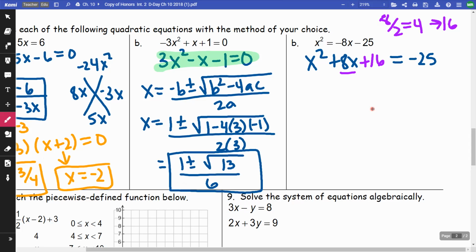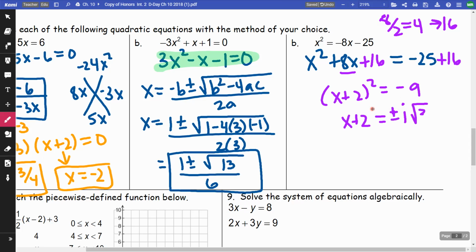So I'm going to add 16 here. I'm going to add 16 here. So we're going to get x plus 4 squared is equal to negative 9. When I do that math, I take the square root, I get x plus 4 is equal to, and I take the square root of anything, I get a positive and negative. Because I'm taking the square root of negative 9. So my answer is going to be negative 4 plus or minus 3i.